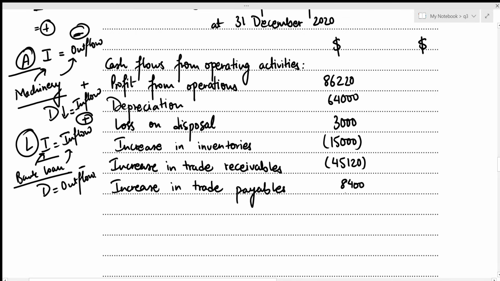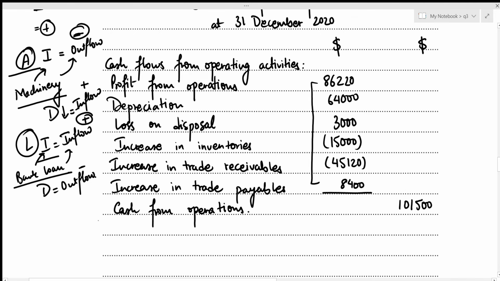Okay, so we adjusted all of the increments or decrements in our current assets as well as our current liabilities, which means that now we can get our cash from operations. And this is going to be the sum of these six amounts. That's 86,220 plus 64,000 plus 3,000 minus 15,000 minus 45,120 plus 8,400, which results in the value of 101,500.